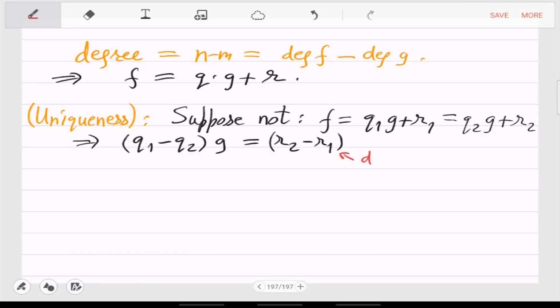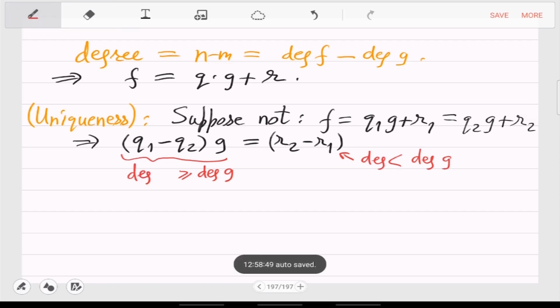Compare the degrees. So this is degree less than degree of g, and this whole thing is degree greater than or equal to degree of g. So that is a contradiction.